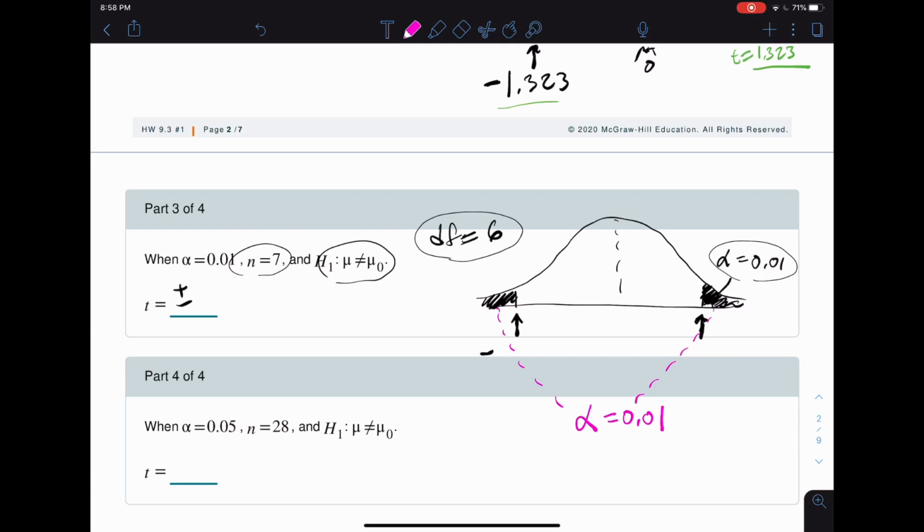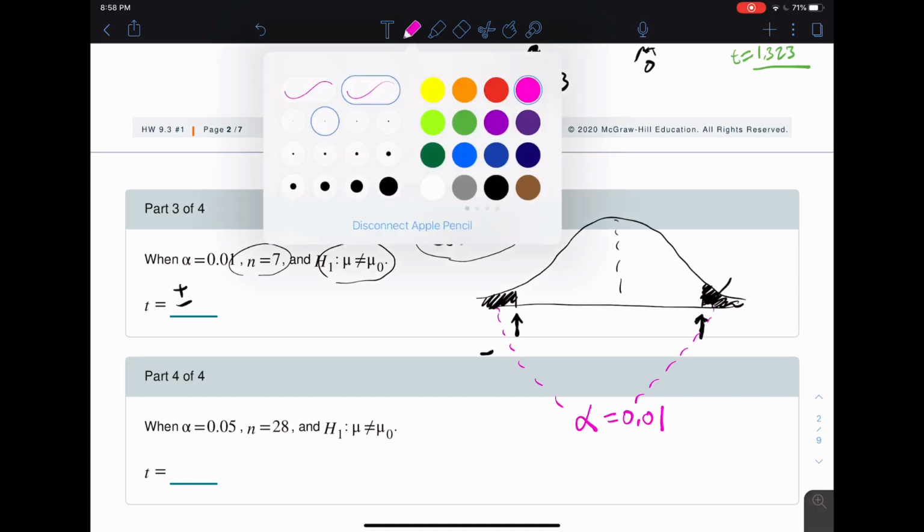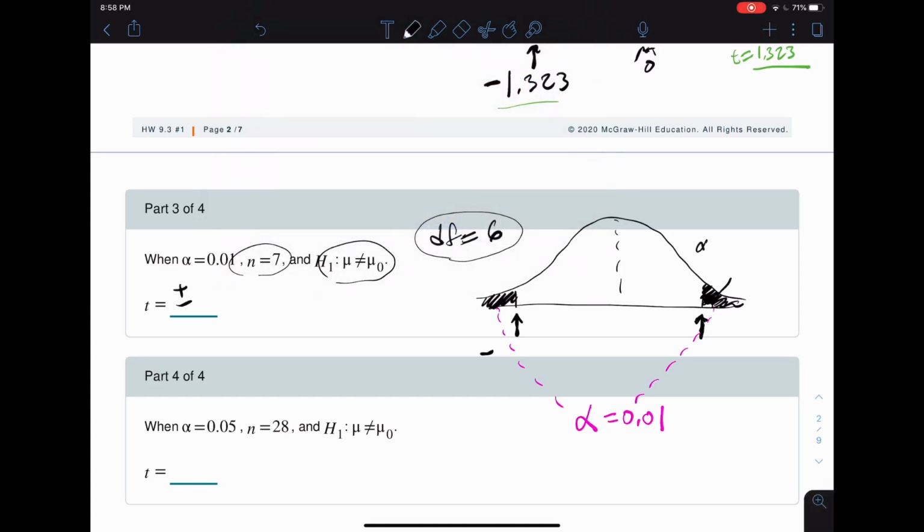Now, because we're looking this up, we want half alpha, right? Because we're just looking up this part right here, this little right tail. So that's half of alpha. If alpha is 0.01, half of alpha is 0.005. That's what I've got to look up. Whew, almost messed that up.